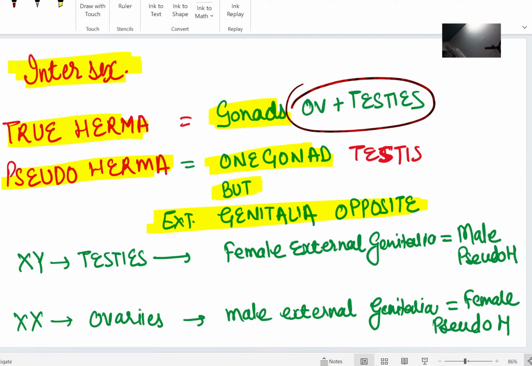But the external genitalia is opposite to the gonad. If the gonad is testes, then the external genitalia is that of the female.